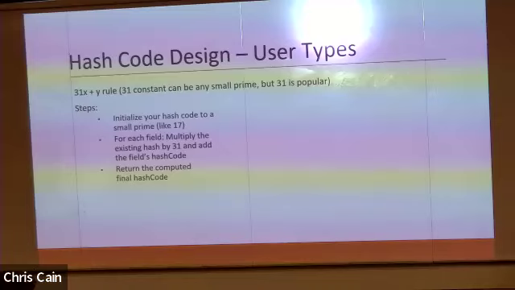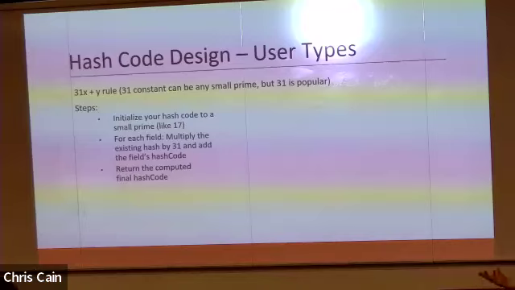Looping around, we go to the next field. This one's the salary. We're going to IEEE XOR all the bits, get some 32-bit integer representation of that double. We take the old hash value that incorporated the integer, we multiply it by 31, and we add the hash code value of this double. That gives us a new value. We store that. We move on to the string.